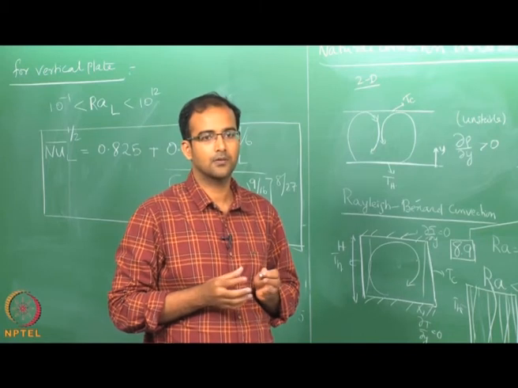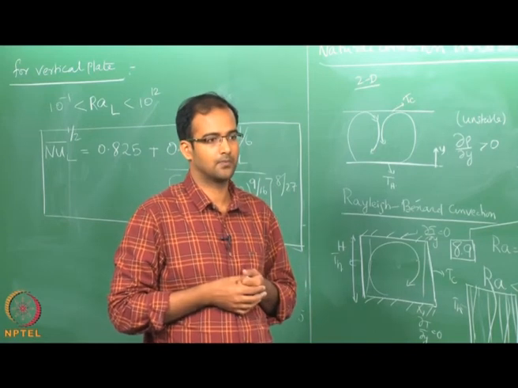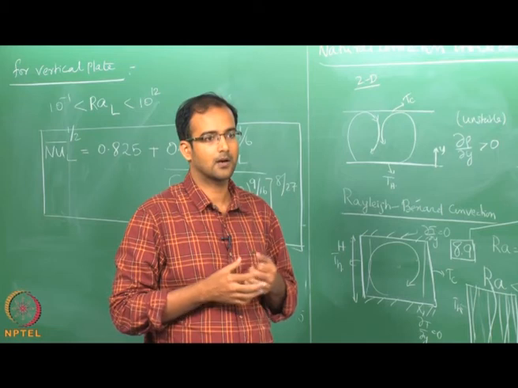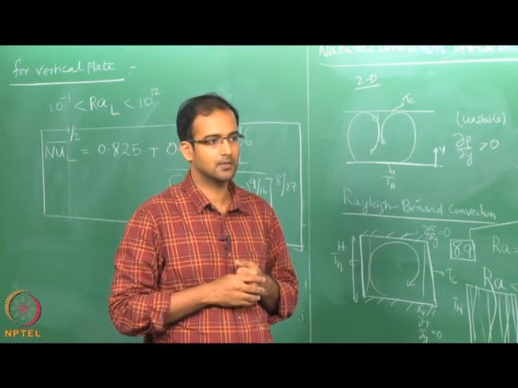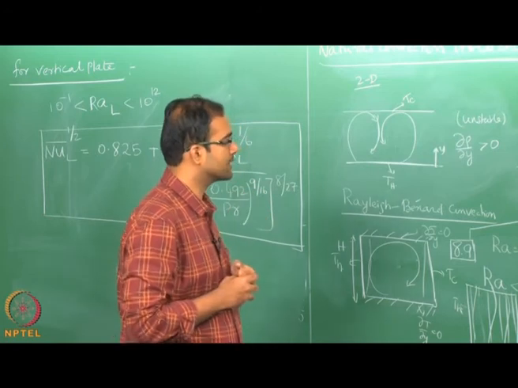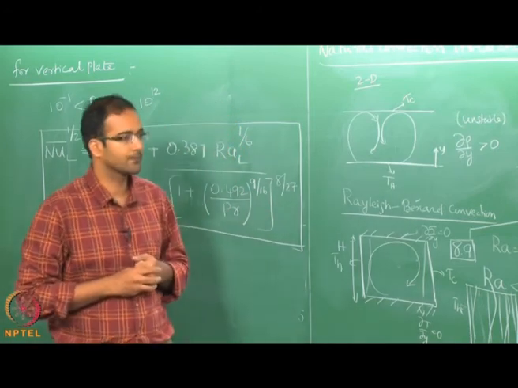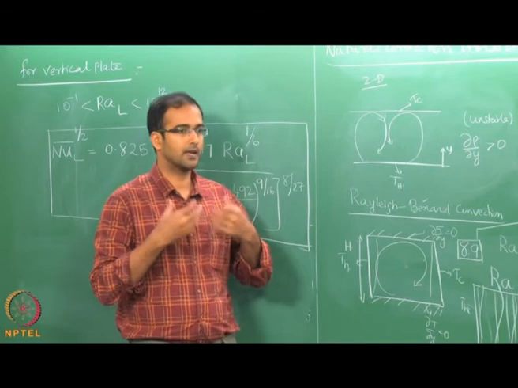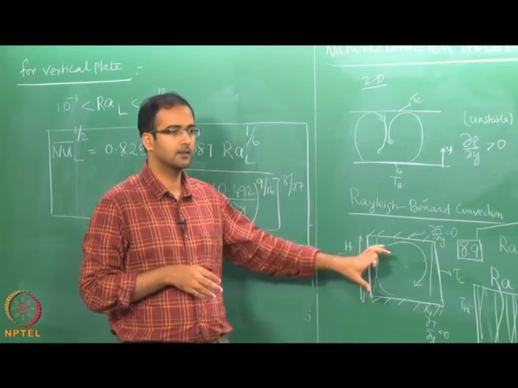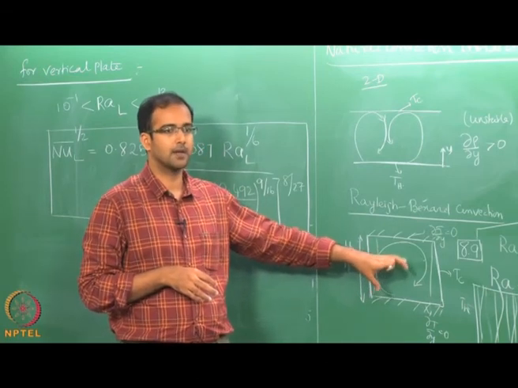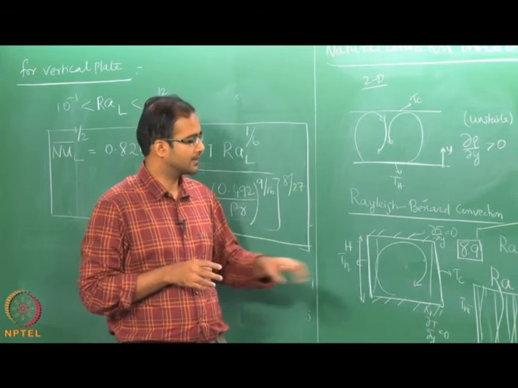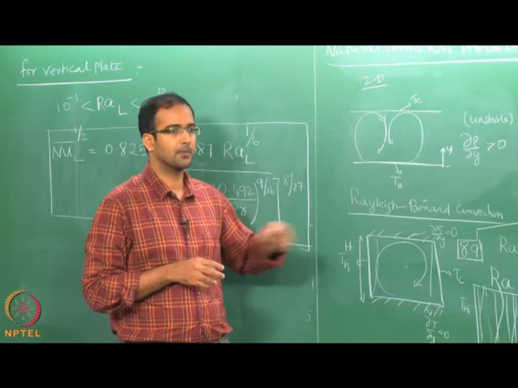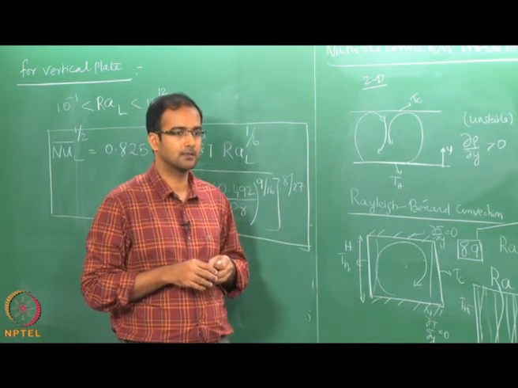You can use an iterative scheme, for example Gauss-Seidel, and try to find the solution. It is a very interesting problem because once you code it, you can change the Rayleigh numbers and look at the different streamline patterns. I suggest that you please take this up as part of your final project.